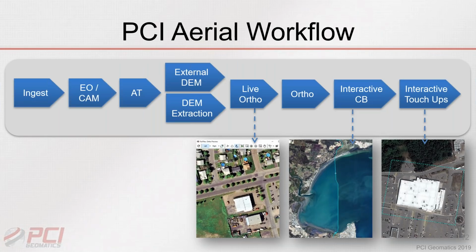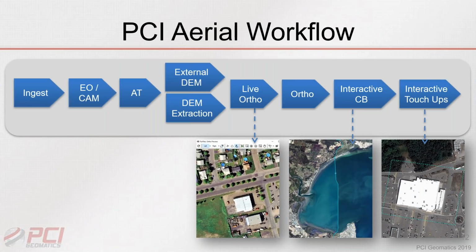Anything that's not moving on the ground indicates that the model is strong, and also that the elevation model being used, in this case the digital terrain model, is not causing any artifacts on any of the buildings.